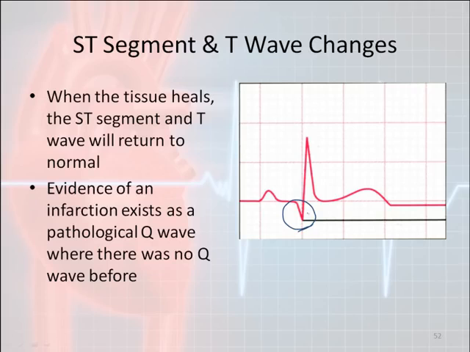If the person never has the infarction process occur, if we can intervene in time and restore blood flow to the myocardium before it infarcts, then the person will not have a pathological Q wave. But if the person does have infarction, there will always be a pathological Q wave in one or more leads. This is called the healed phase.